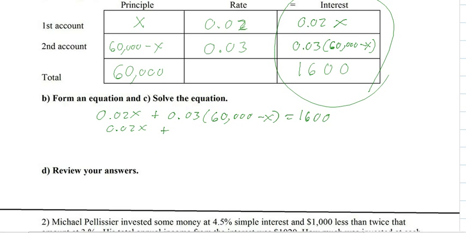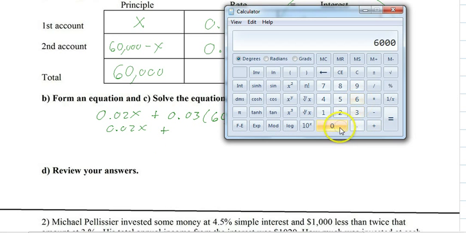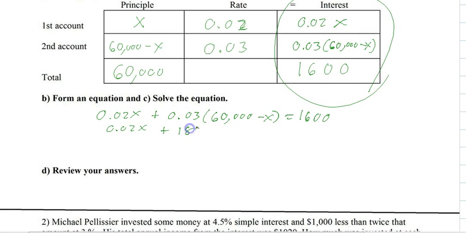So 0.03 times 60,000, 1,800. Minus 0.03x equals 1,600, and then combine like terms. So those 2 together give us that. Subtract the 1,800.